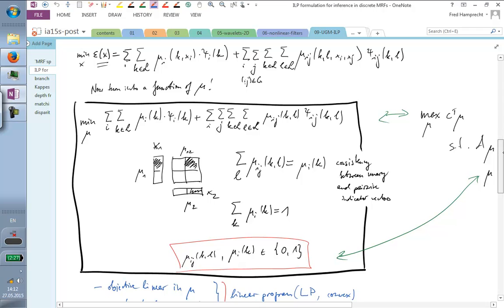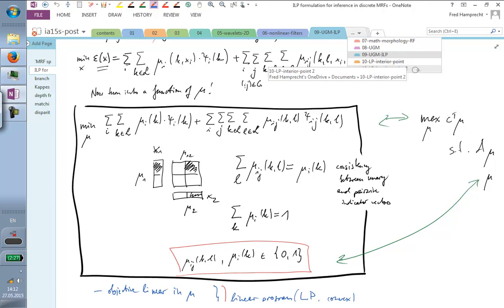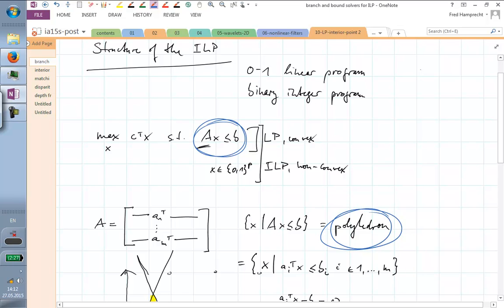This was some statement about the mu's, and the mu's were indicator vectors. So actually, this part came from the structure of the graphical model itself. Okay, so the blue part here is governed by the structure of our graphical model. Where by structure I mean what sets of random variables do we have and what others are they connected to.